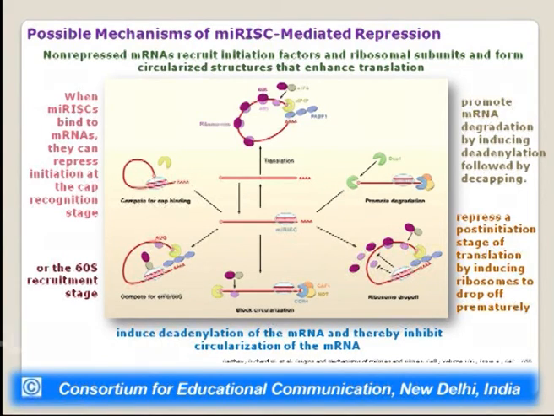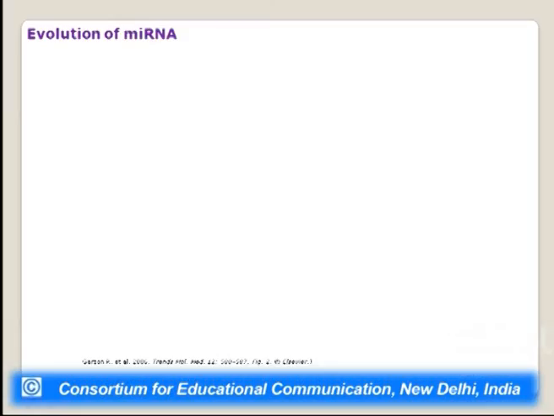So, by any of these mechanisms, the microRNAs can repress the translation of the proteins and therefore regulate the gene expression. So, this is how basically the small interfering RNAs and microRNAs exhibit their repression.